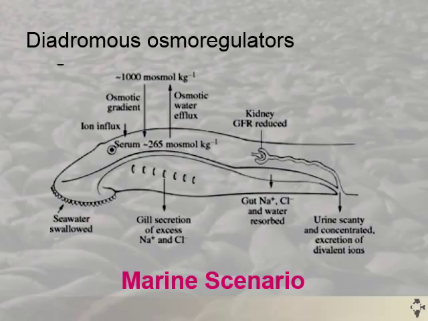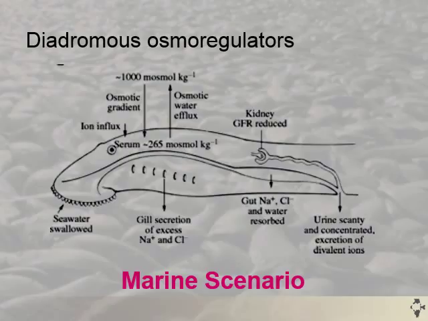It's still within the range of what is appropriate for the lamprey physiologically, but by allowing that to conform a little bit to the environment, they're making their job a little bit easier in terms of balancing and osmoregulating. It's a little bit higher, 265, but that's still quite low relative to the environment, which is again roughly about 1,000 milliosmoles per kilogram in salt water.